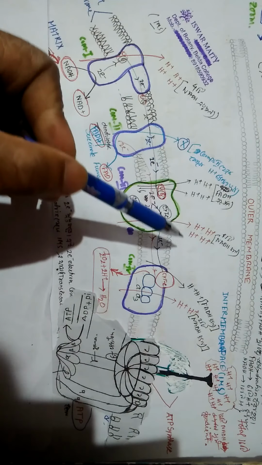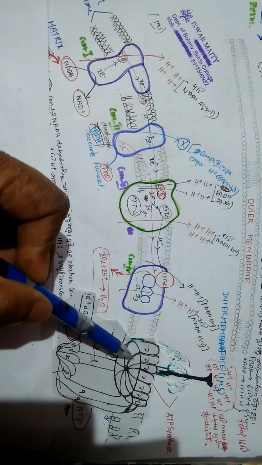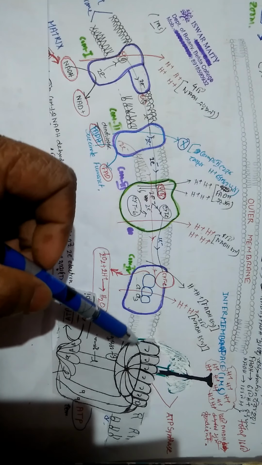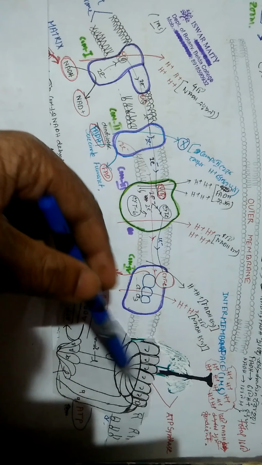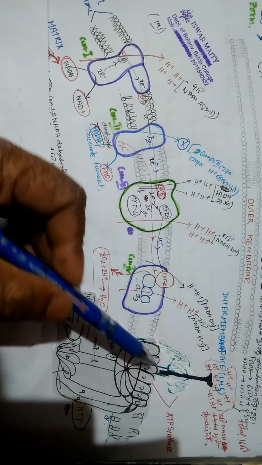So this H plus proton gradient comes through the ATP synthase into the matrix side from the IMS side.